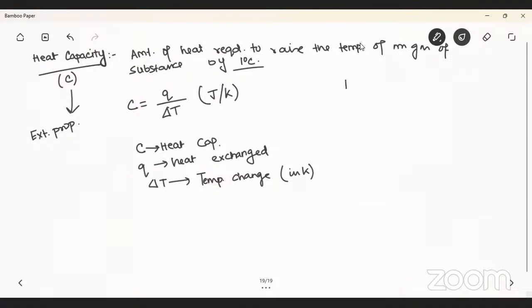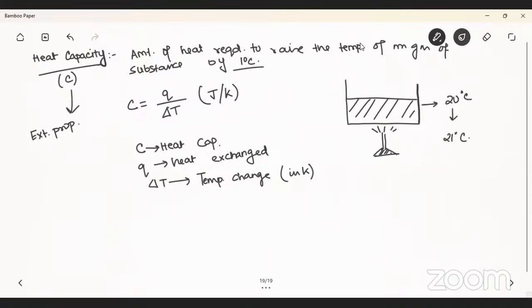From the definition you can understand this. Suppose this is a beaker full of water, and you have heated it. Initially it was 20 degrees Celsius. After heating, it has become 21 degrees Celsius. So to do this process, some amount of heat has been exchanged and there is a temperature change of 1 degree Celsius.